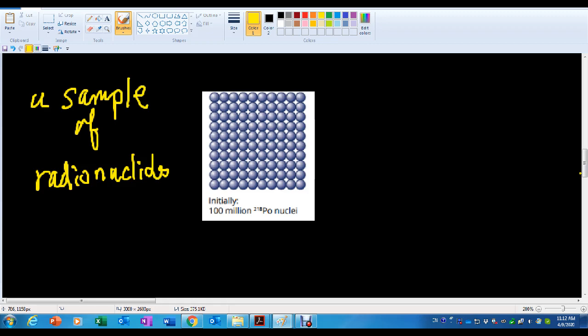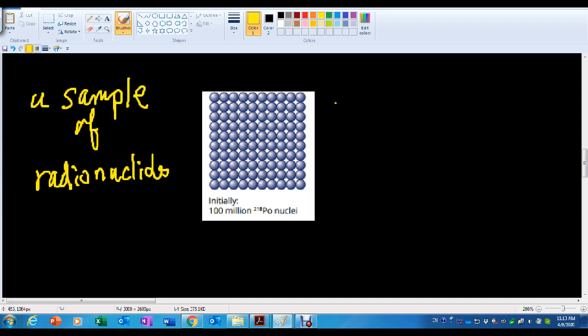So consider there are tens of millions of PO nuclei. PO is polonium, which is unstable, and they tend to become more stable by emitting the above radiations. Some of these radionuclides are going to decay, but you don't know which one is going to decay first.